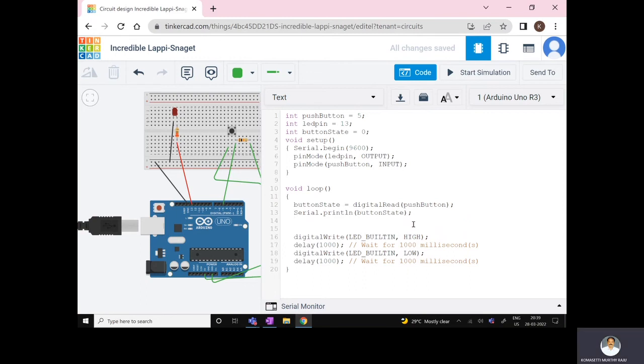If button state, that means pressed or unpressed state. If, in brackets, button state is high.